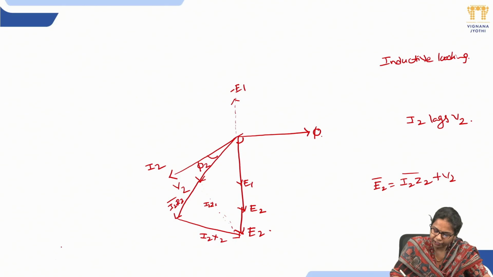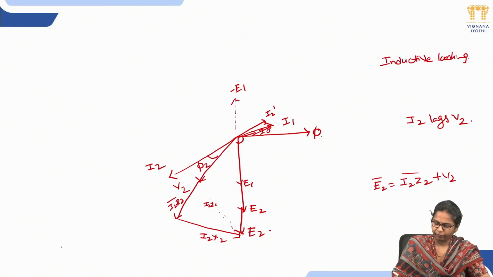And I2 dash with phase shift, we have I0 and the phasor I1.